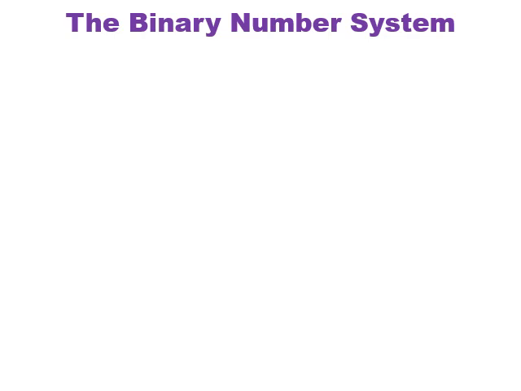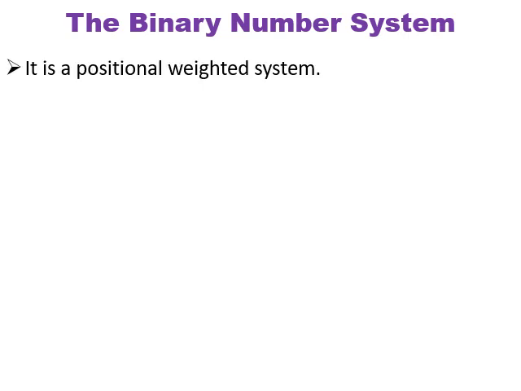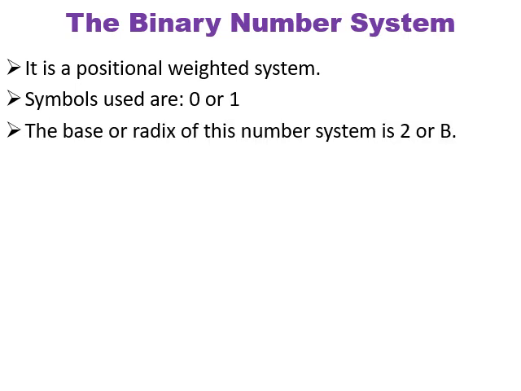Next number system we have the binary number system. It is also a positional weighted system. Symbols used are 0 or 1.